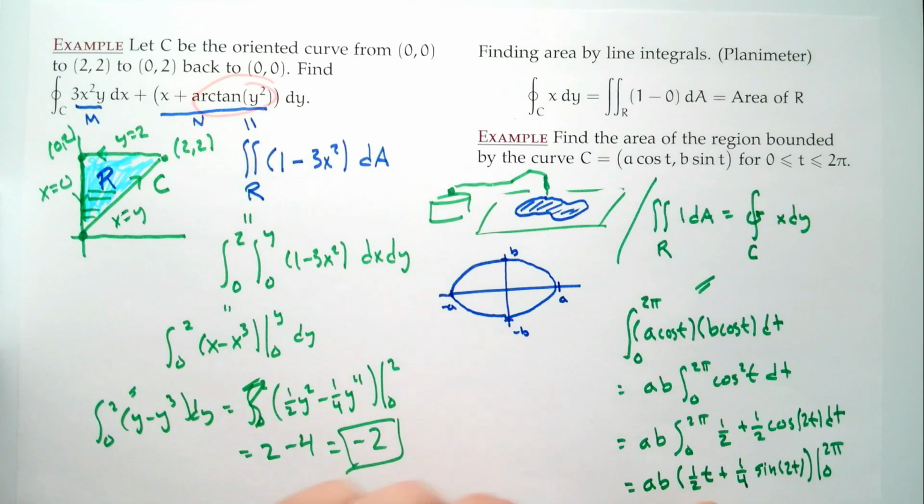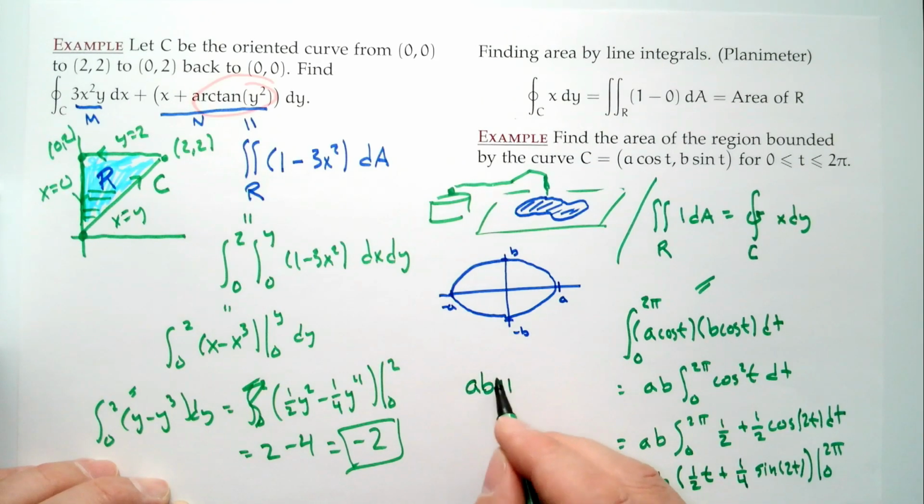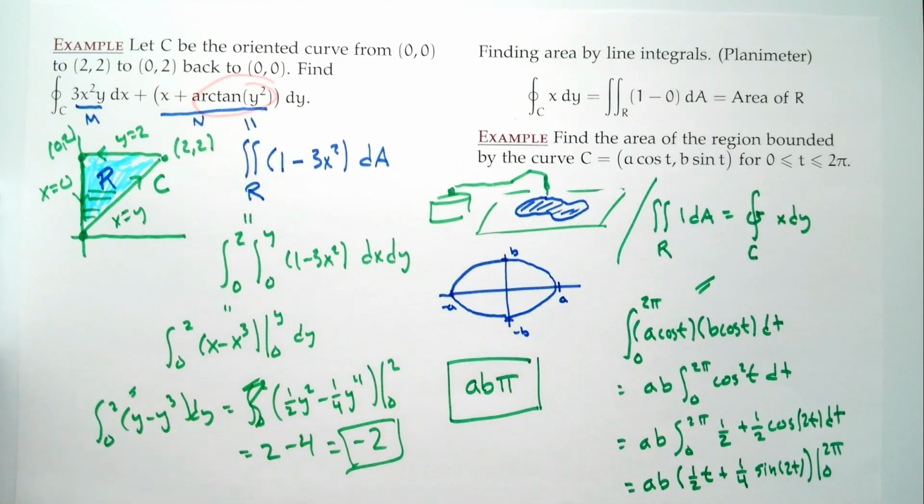So we plug in 2 pi. A half times 2 pi is pi. Okay, then we have still the ab. So we have a, b, pi. Sine of 4 pi, 0. Okay, plug in 0. Half times 0, 0. Sine of 0, 0. So, that's it.